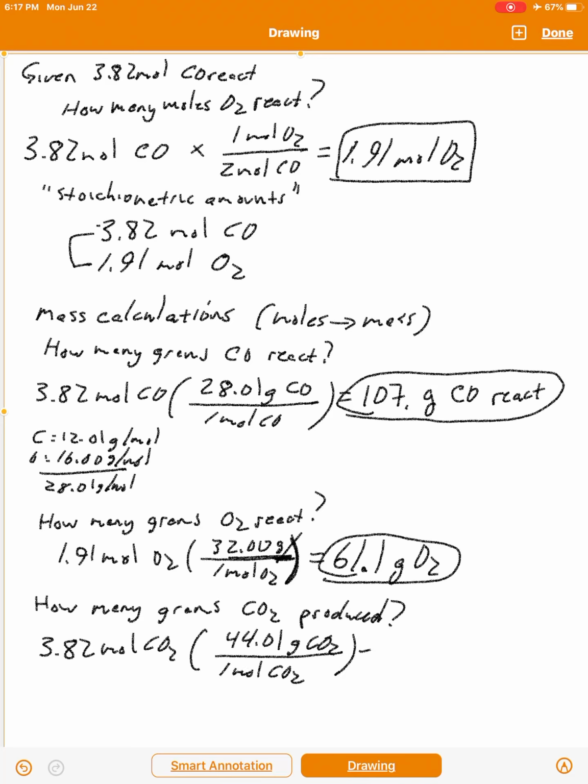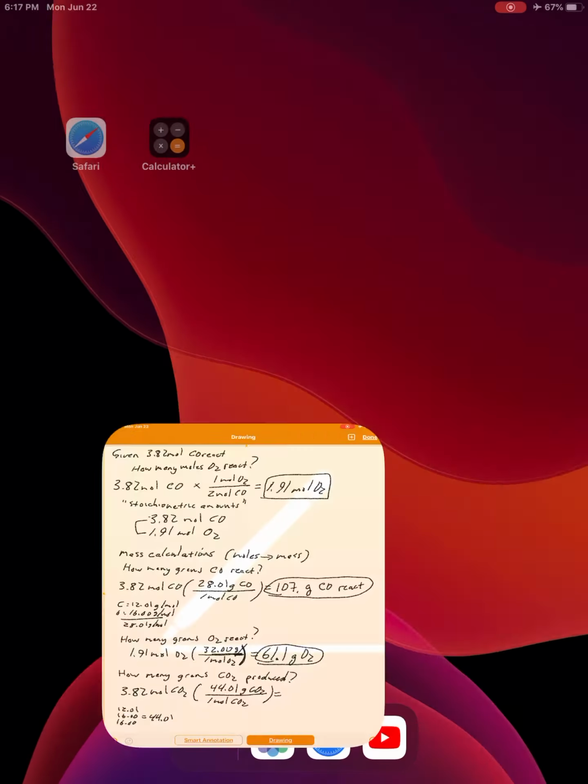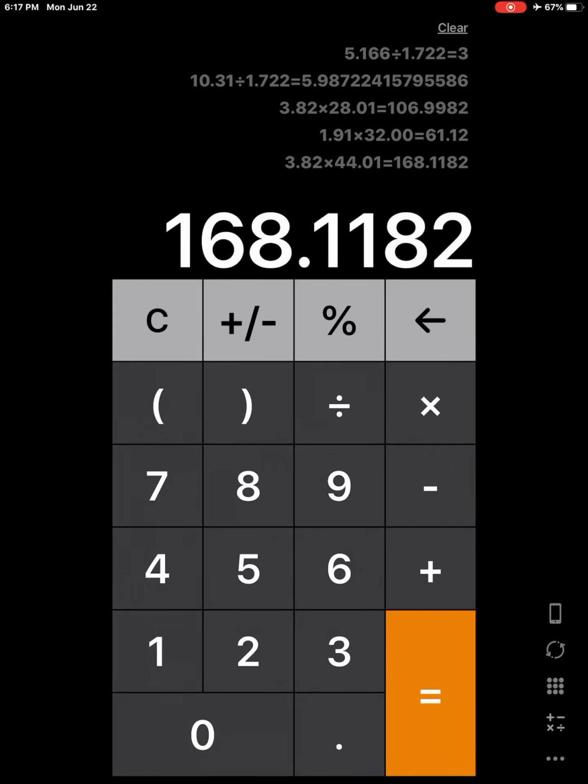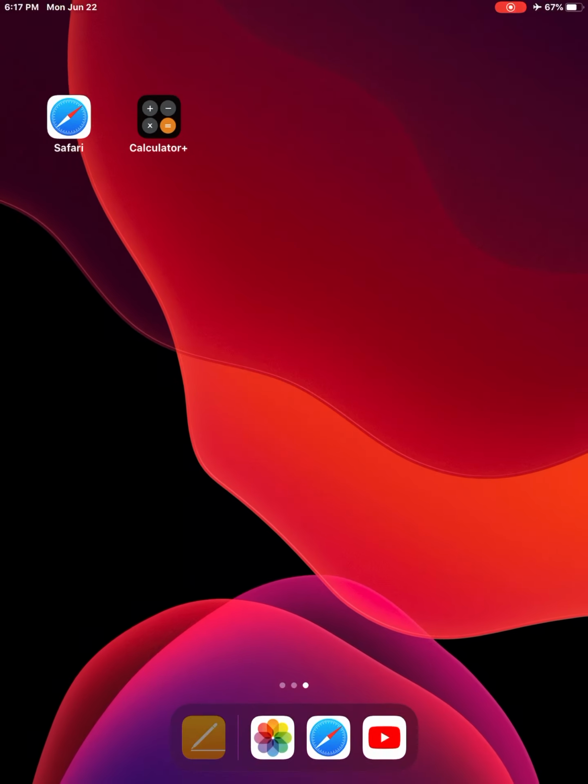How do I know that? Carbon is 12.01. Oxygen is 16. But there's two oxygens, right? So that's 44.01 molar mass. So 3.82 times 44.01, and you get 168.